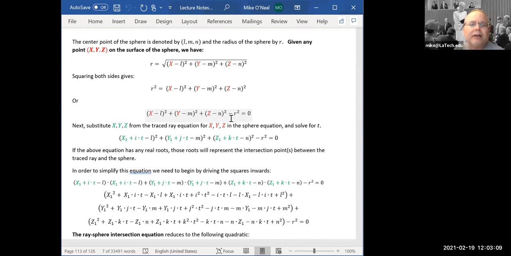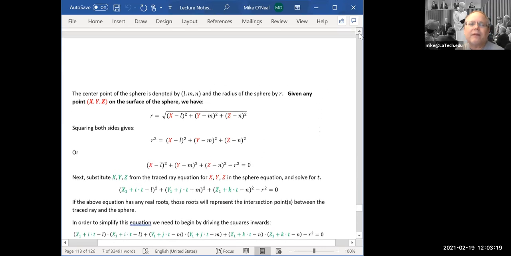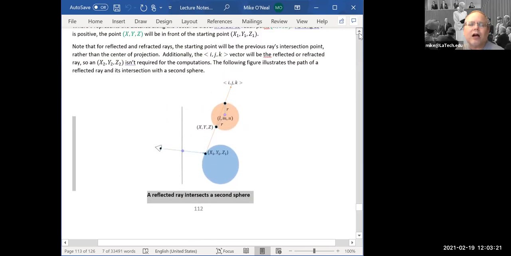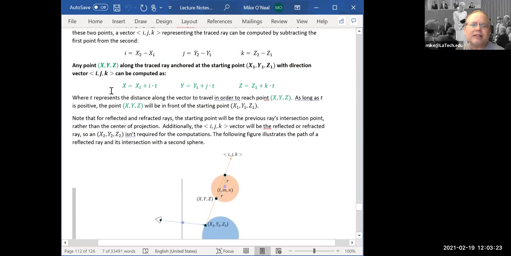Okay, so now we've got an equation for x, y, z on the surface of the sphere. I've written the x, y, and z in red, and we've got the equation for a line with x, y, and z, which I write in green here.